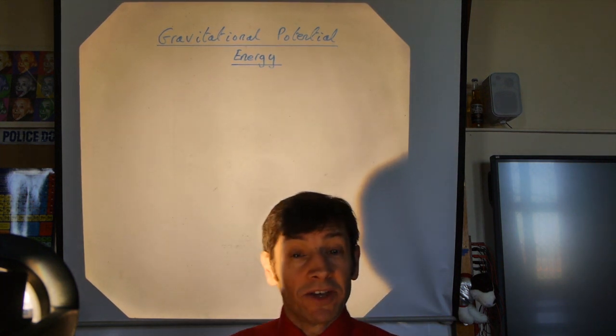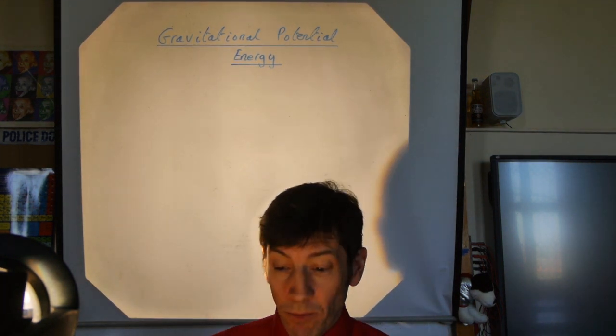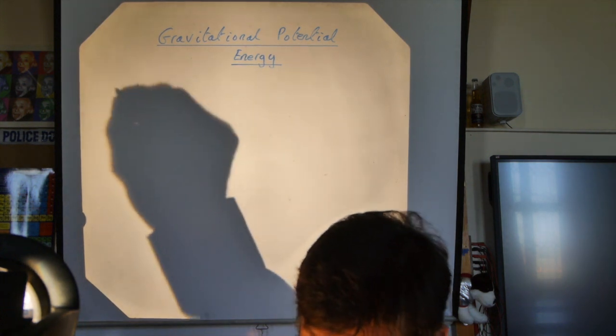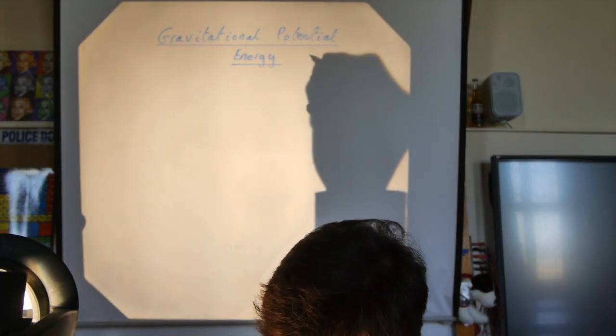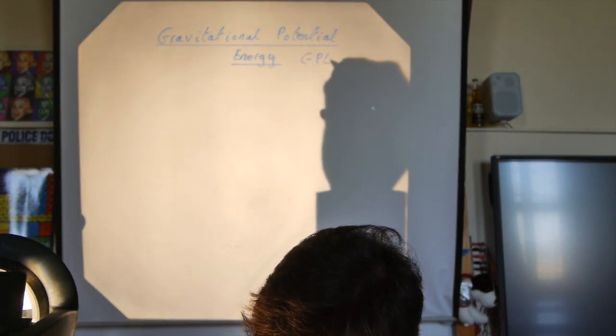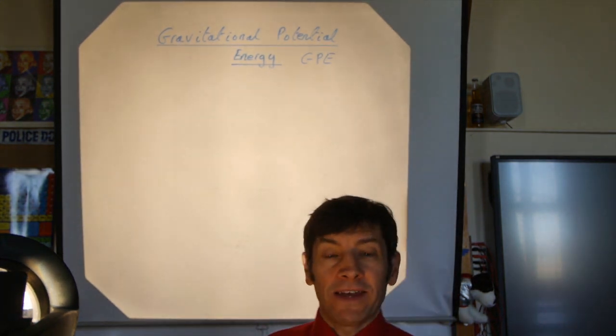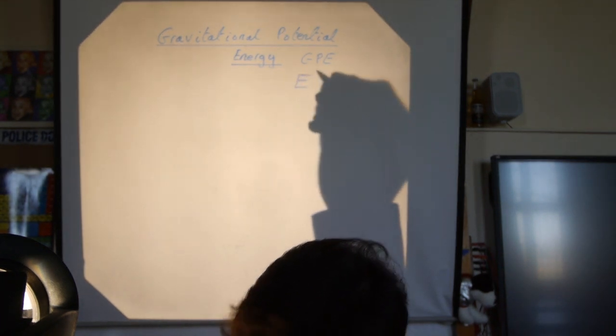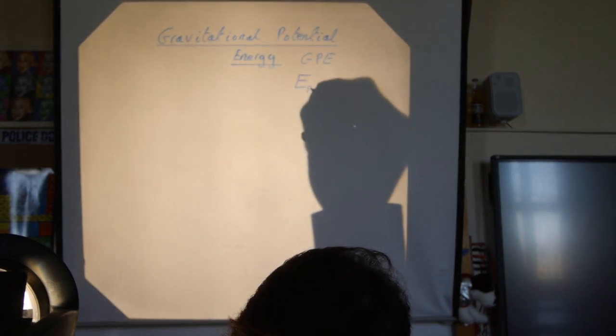Okay, so let's have a look at gravitational potential energy a bit more mathematically. We could abbreviate this to GPE, but now we're a bit more advanced, so we're just going to abbreviate it to E, the energy that is potential.